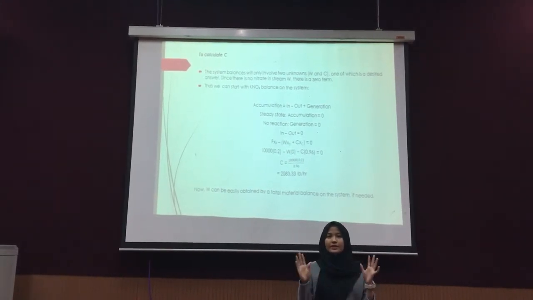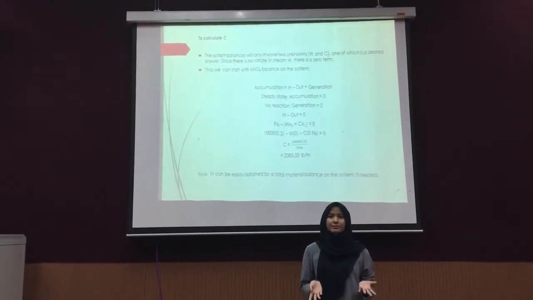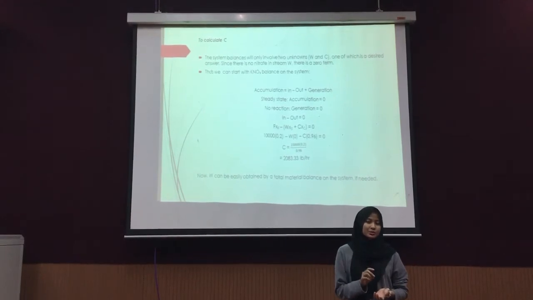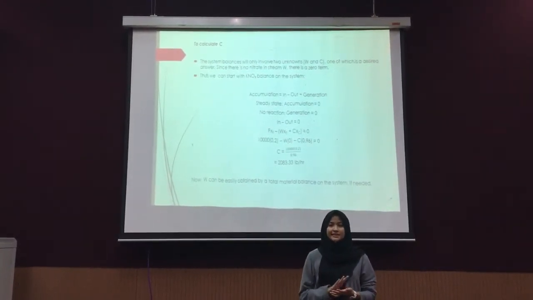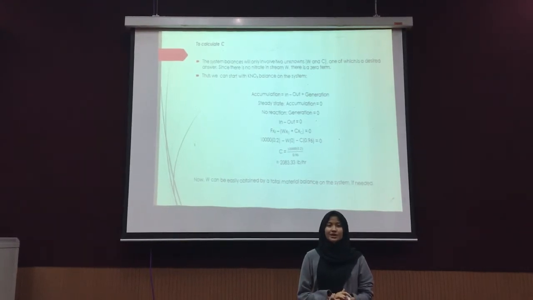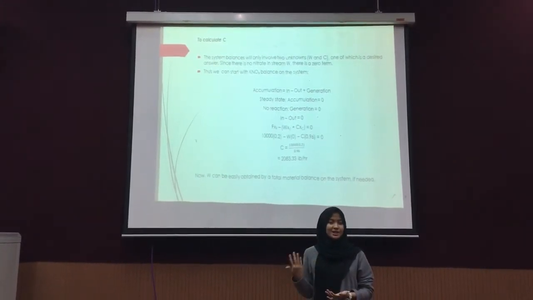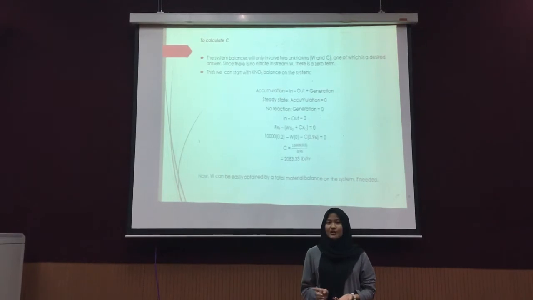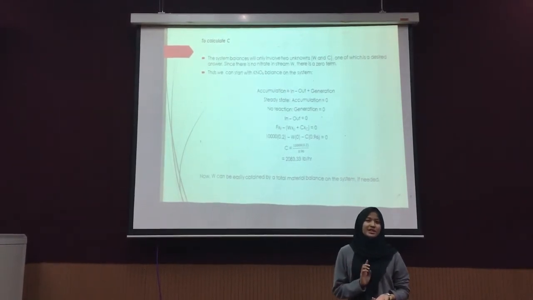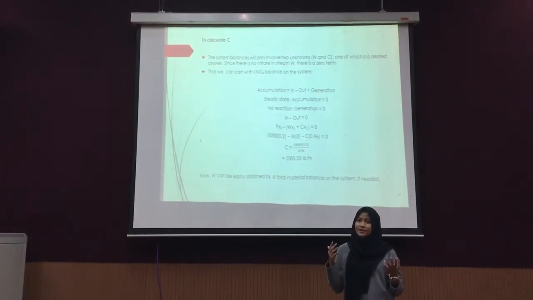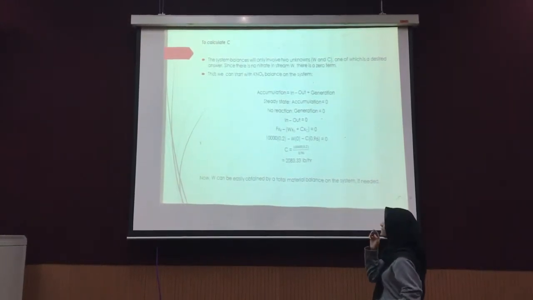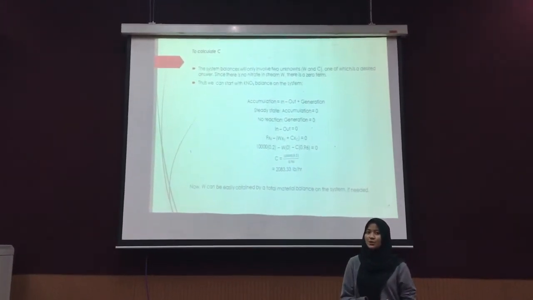If we look at the general equation, accumulation equals in minus out plus generation. Because this is a steady state process, the accumulation is 0, and there is no reaction in this process, so generation is 0. So we can conclude that the equation for this process is in minus out equals 0.